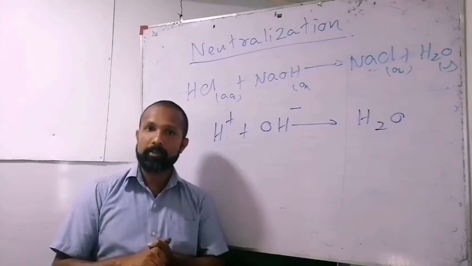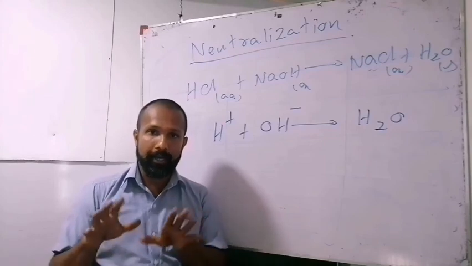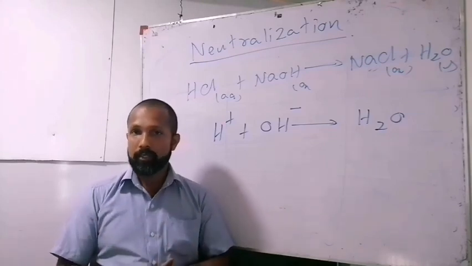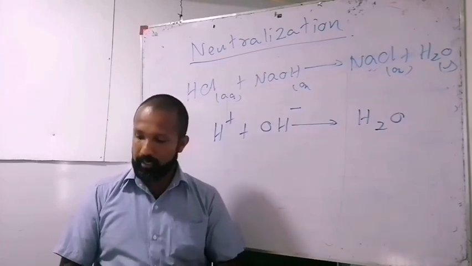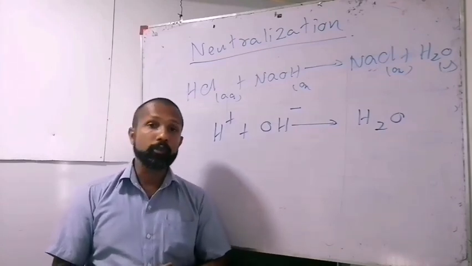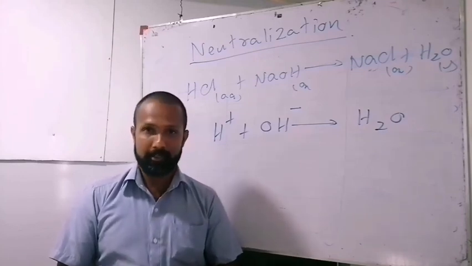Then calcium hydroxide reacts with the acidic nature of the soil and reduces the acidity of the soil. It is very important for the absorption of nutrients by the plants. Likewise, there are many uses of acid-base neutralization reactions.